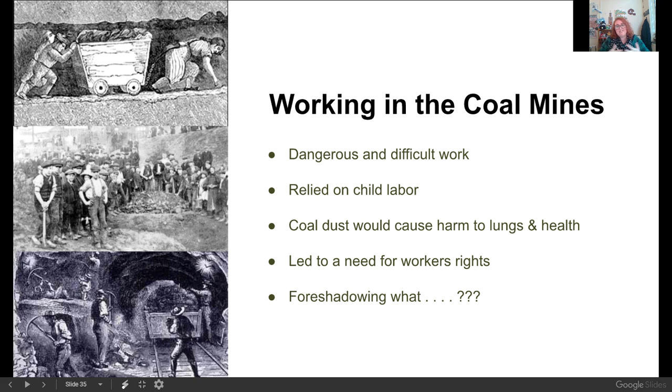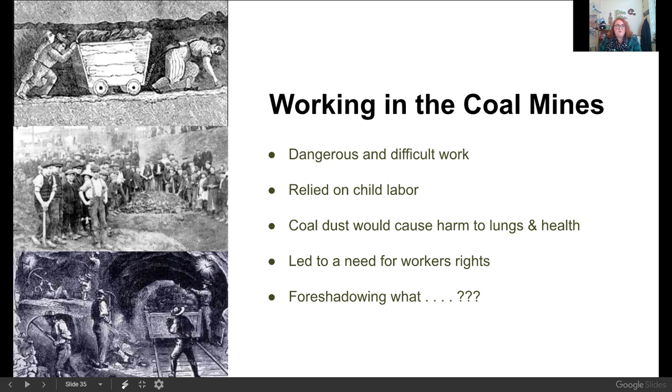So you're talking about kids potentially dying in coal mines. It was also dangerous for adults, but it puts a little extra something on child labor. We also know nowadays that breathing in coal dust can damage the lungs.